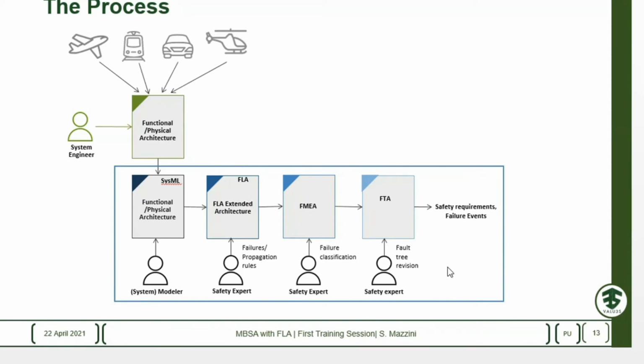And in this project, the safety experts will be able to expose safety requirements and failure events, which can be useful output for V&V applied or fault injection applied based on the failure that's been envisaged.